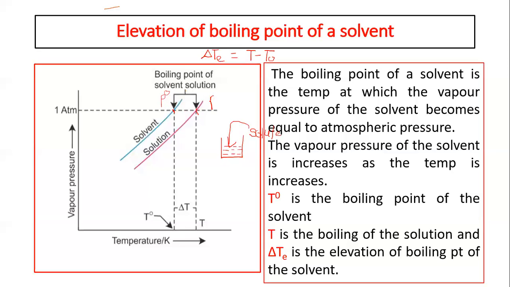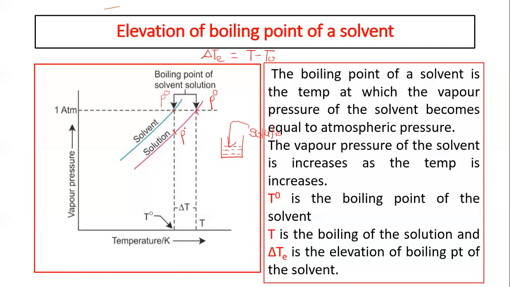P0 is the vapor pressure of the solution when the corresponding temperature is T, and P is the vapor pressure of the solution and the corresponding temperature is T0. So we have selected here the 2 points, that is higher vapor pressure and lower vapor pressure, higher temperature and lower temperature. So on this solution curve, we have selected the 2 points.